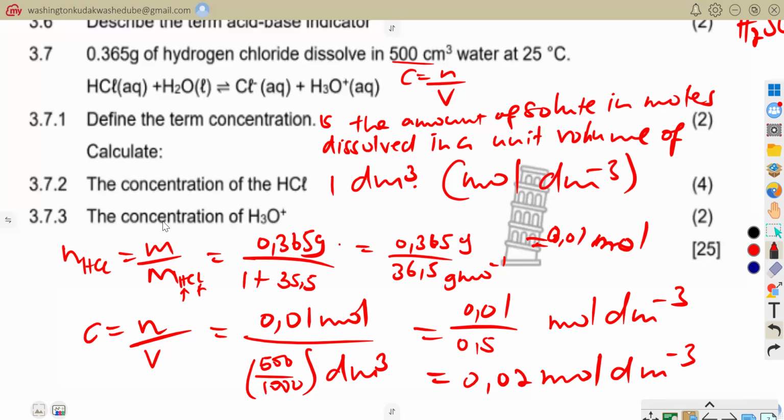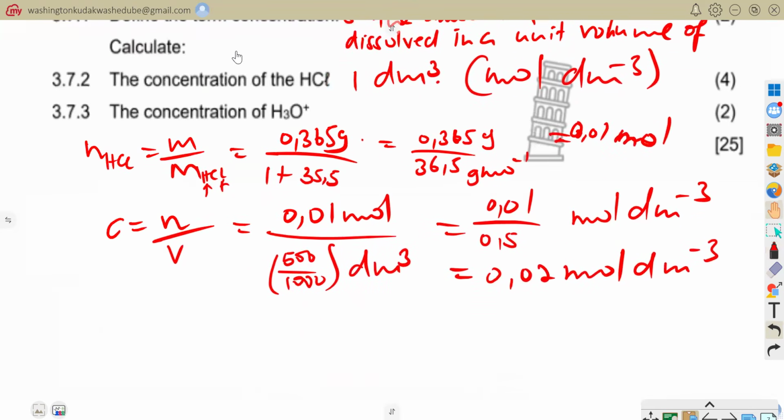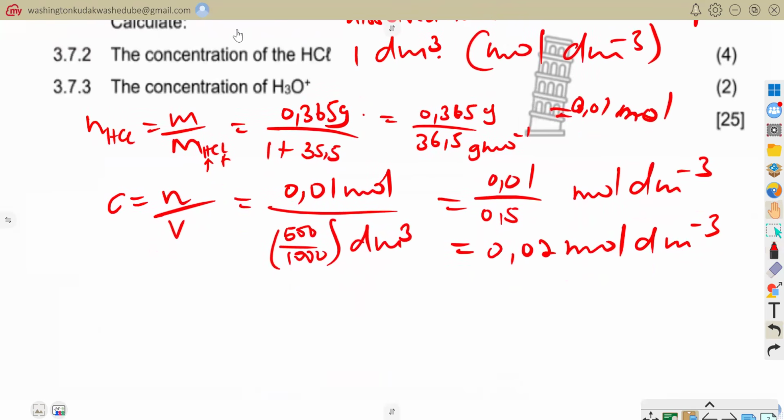Now they are asking to calculate the concentration of H3O plus. We use the mole ratio. 1 mole of HCl reacts to form 1 mole of H3O plus, so the number of moles of H3O plus equals the number of moles of HCl that reacted. The volume is the same because they are dissolved in the same amount of liquid.